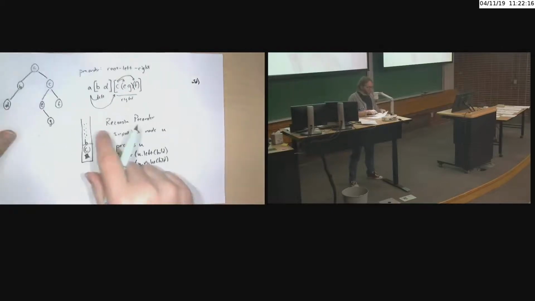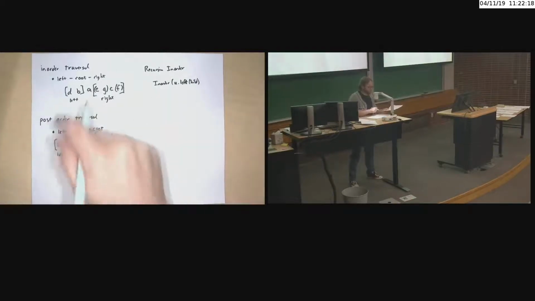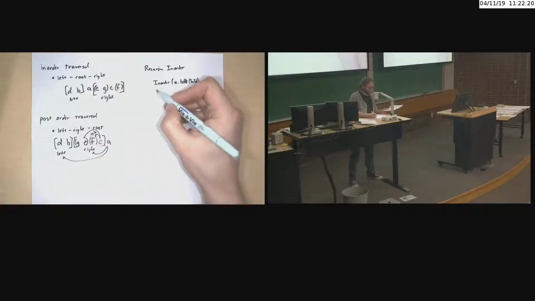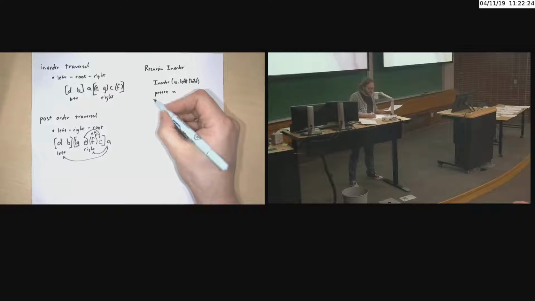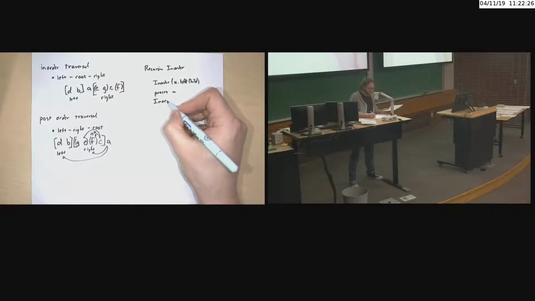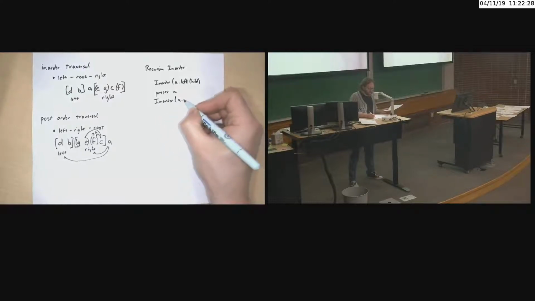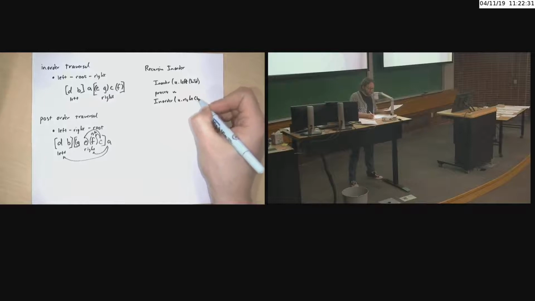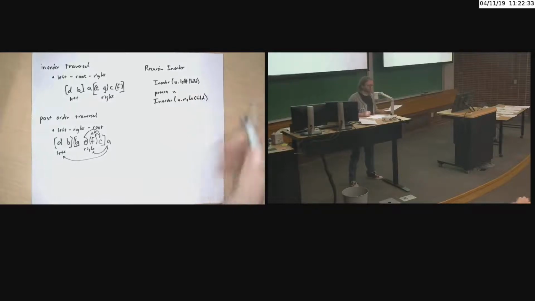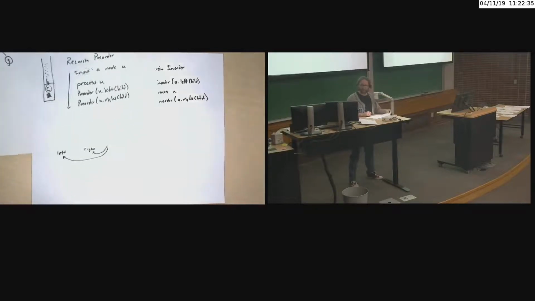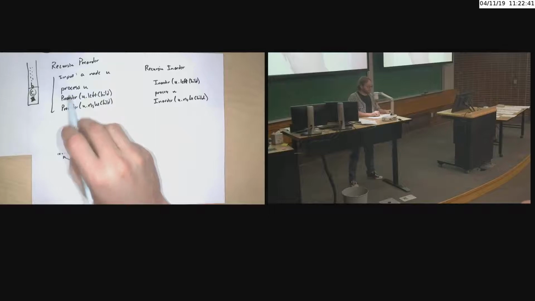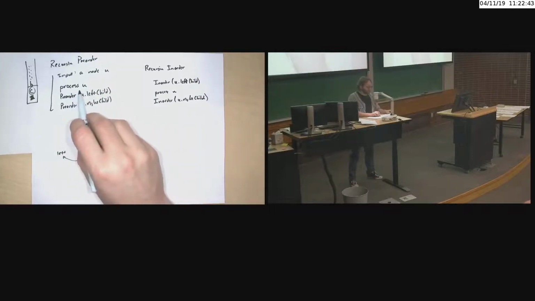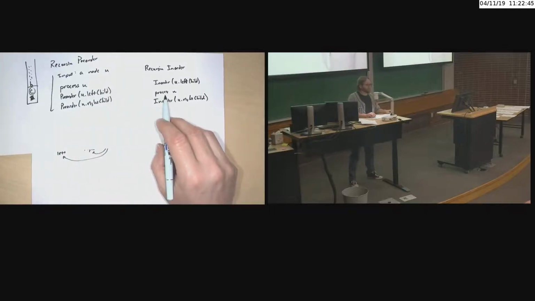Then what's the next thing we do after we're done with the left subtree? We process u, and then we go down to the right subtree, in-order of u's right child. Remarkably similar, right? What's the difference here? Well, other than the name, it's where we're processing u. I process it first, or I process it in between.